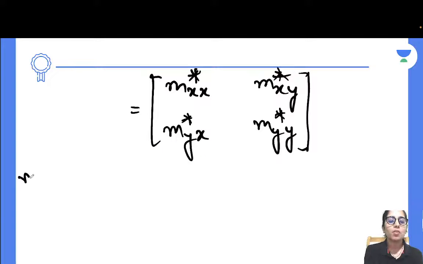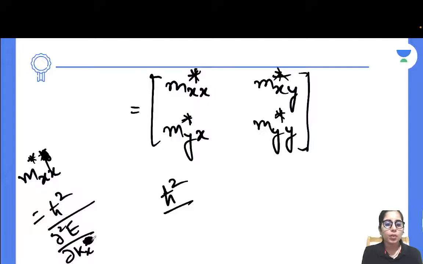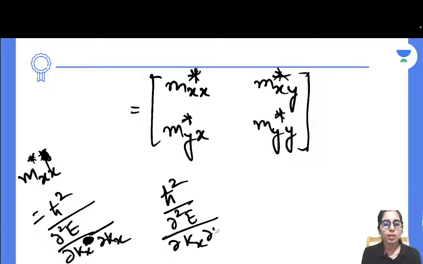Now what is effective mass? Basically when you consider mxx star, it is h² over delta squared E over delta kx squared, right? And for mxy star, you can write it this way: h² over delta squared E over delta kx delta ky.